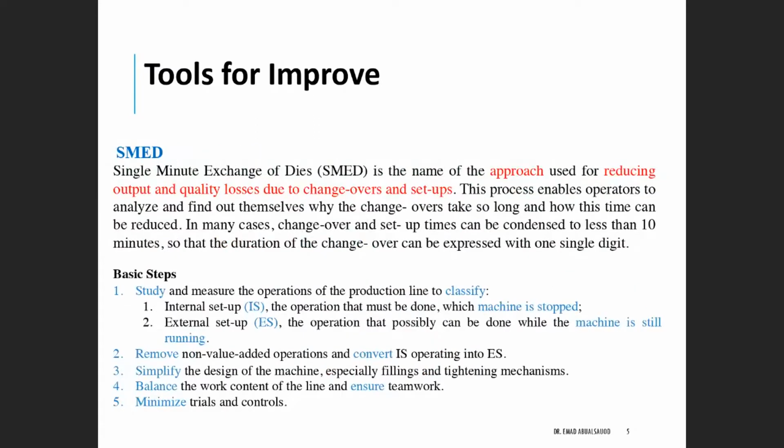Moving forward in the improve phase, we have a new tool to be introduced, which is SMED. SMED stands for single minute exchange of dies.